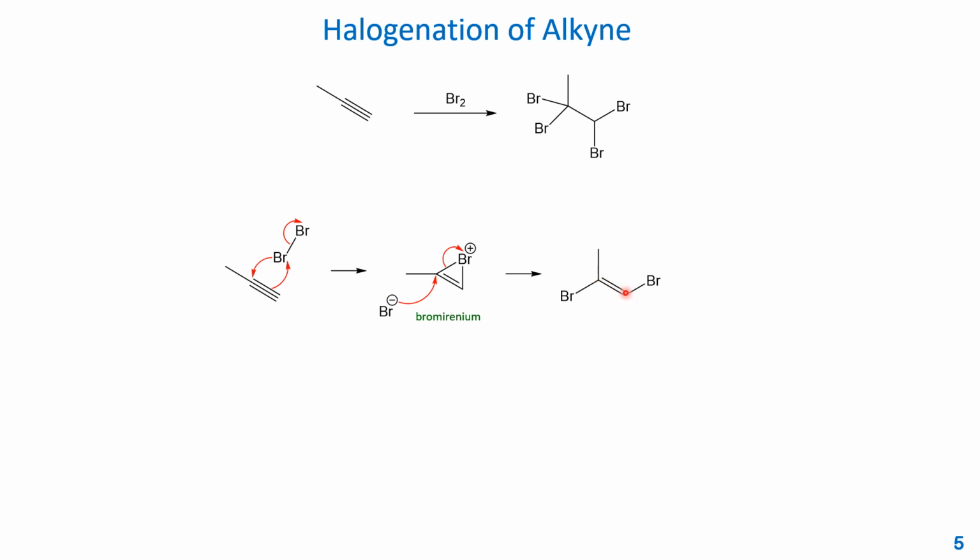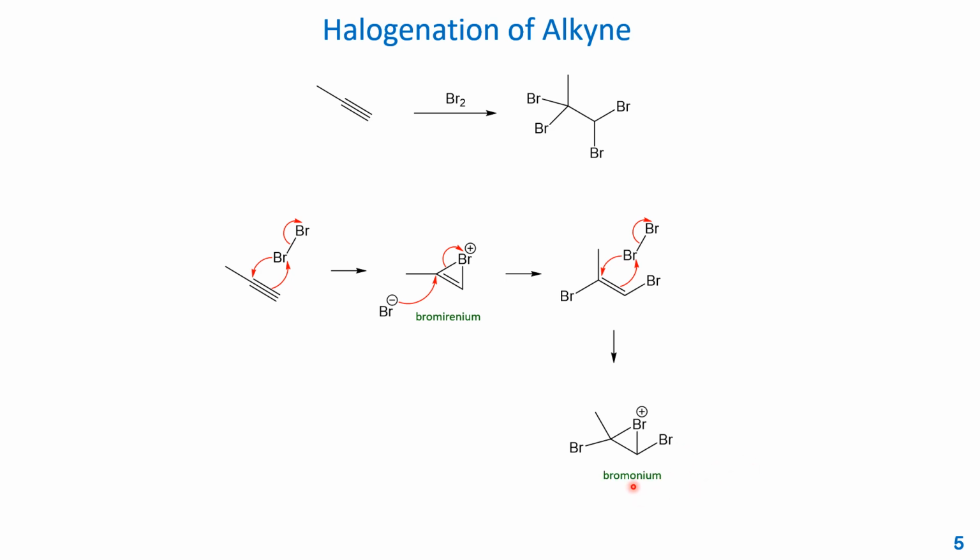So that can still react with the bromine molecule. The pi electron does the same thing, attacks this bromine, kicks off the bromide, and this bromine will attack back to form the normal bromonium intermediate. We saw this many times, right?